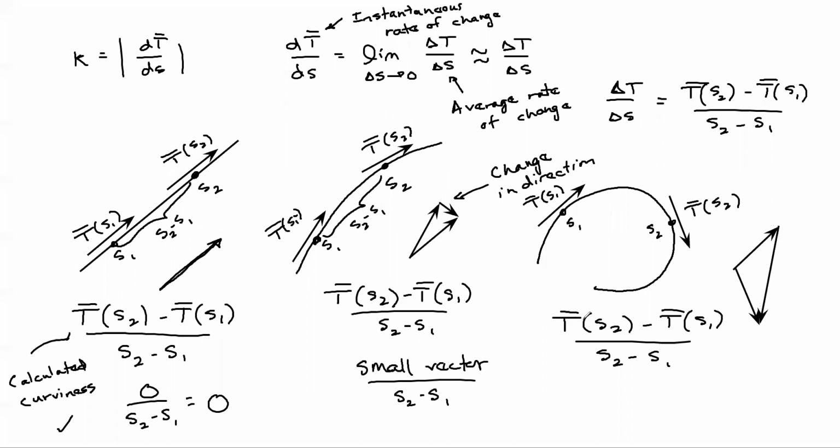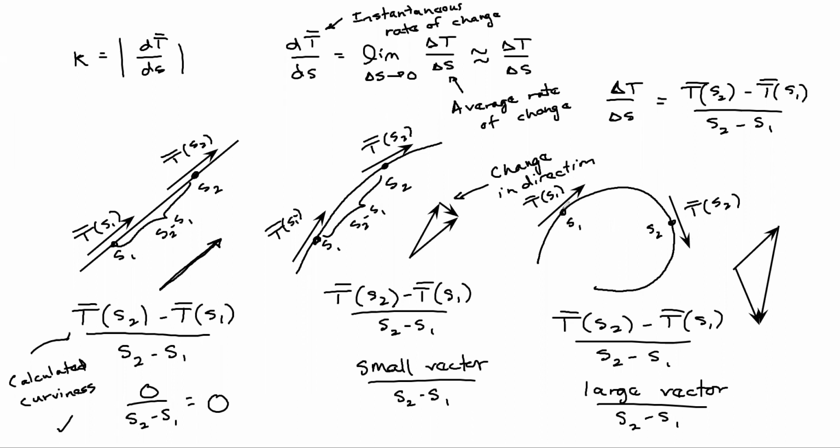Okay, and so what we end up with, in the case where you have a larger curve, you're going to end up with a large vector over this, again, the same consistent distance in the denominator of each one of these. And so we have a large amount of change in the curvy case where the curve bends a lot.